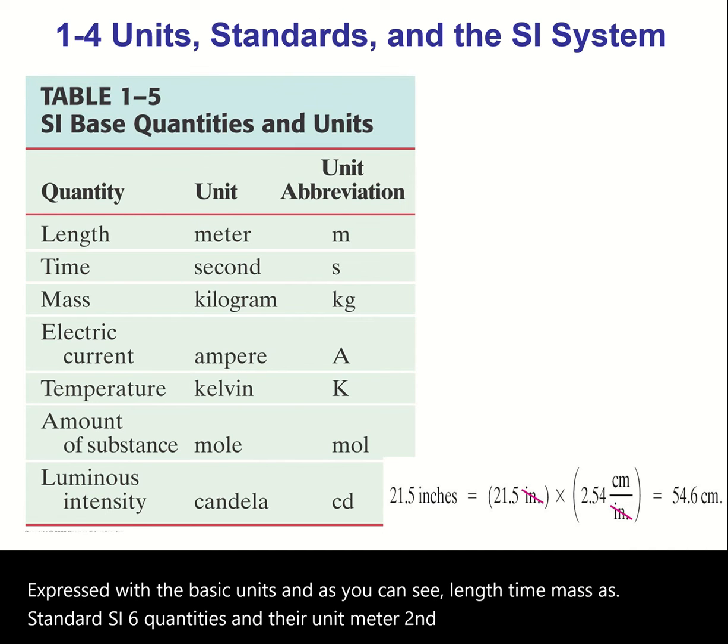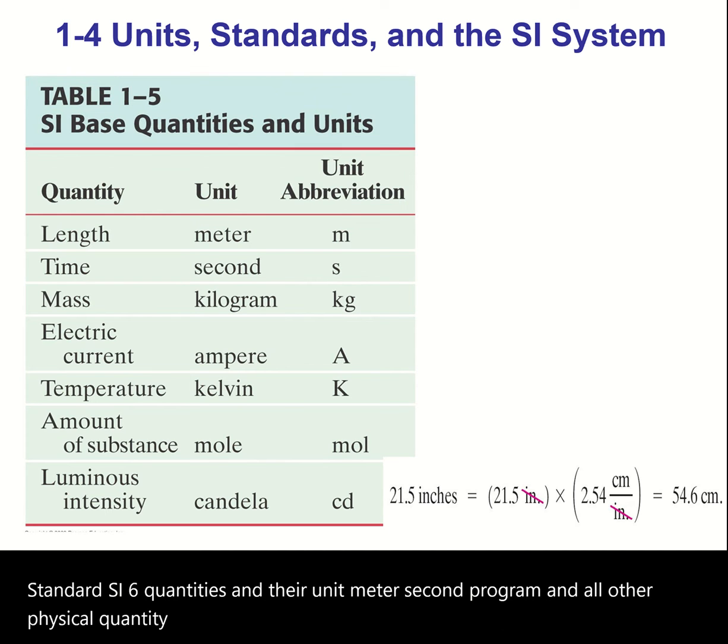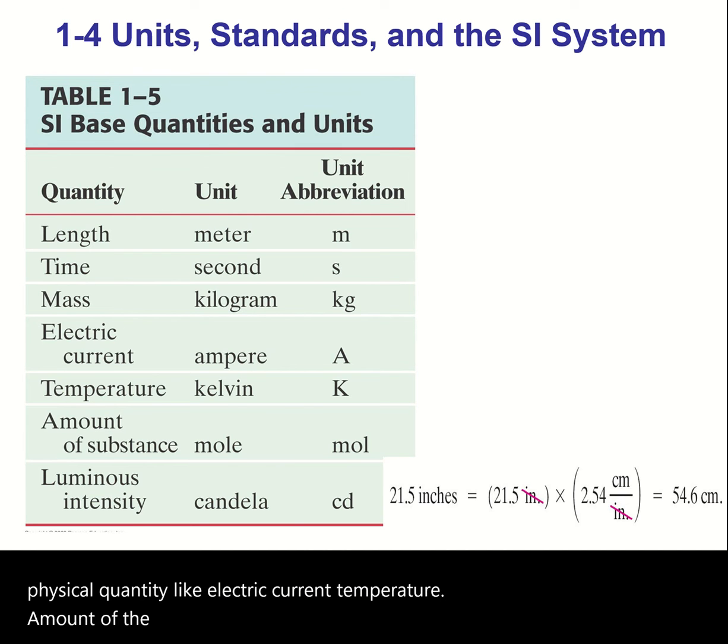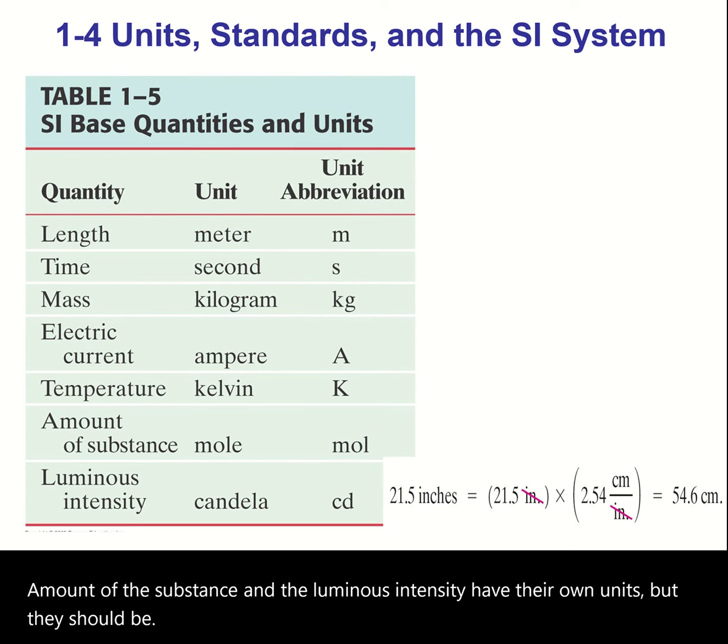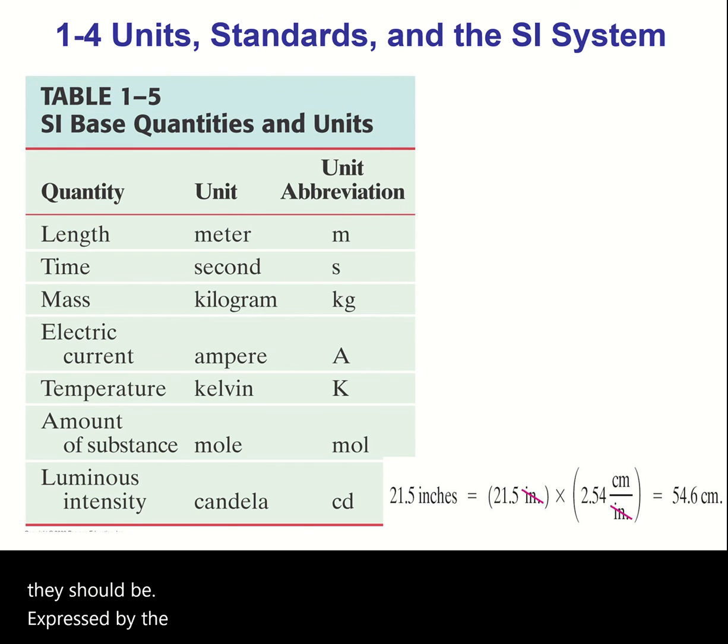All other physical quantities like electric current, temperature, amount of substance and luminous intensity have their own units, but they should be expressed by the basic physical quantities and their units.